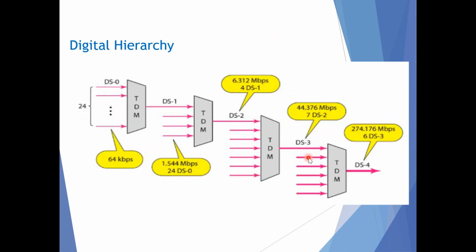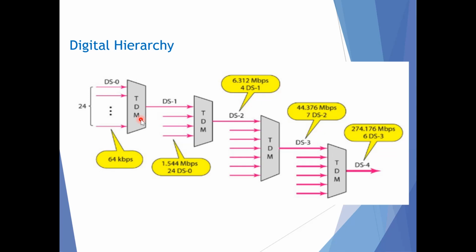Here again we can see a digital hierarchy using time division multiplexing. Here 24 signals are multiplexed by one multiplexer, the TDM here. It gives you the digital group output, that is a DS1.